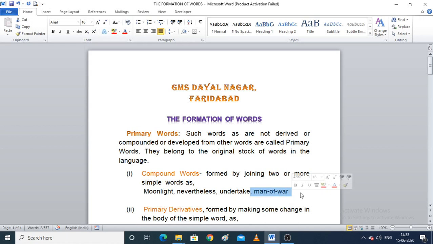When we use hyphens in between, all three words will be given equal priority, which means the accent we put on the words will be equally distributed. Distributed in the sense that the emphasis we use to speak would be equally distributed.